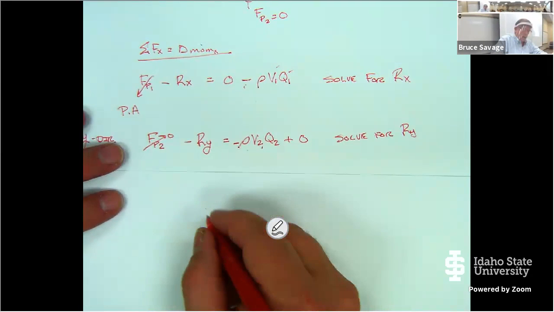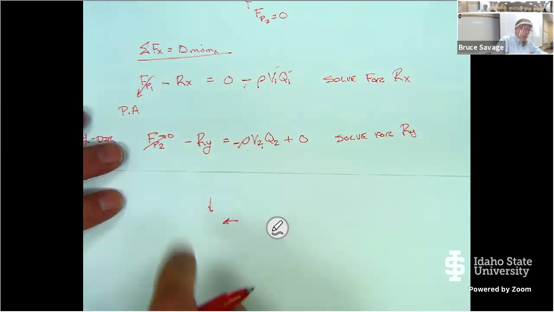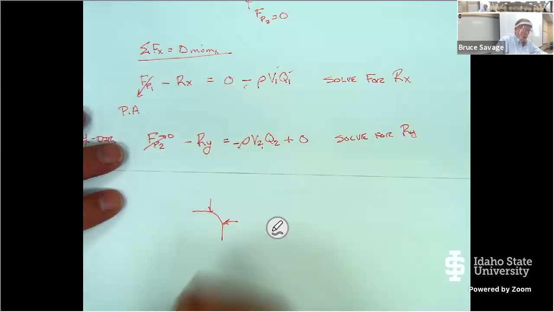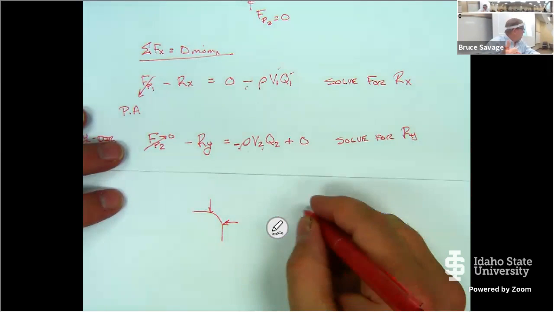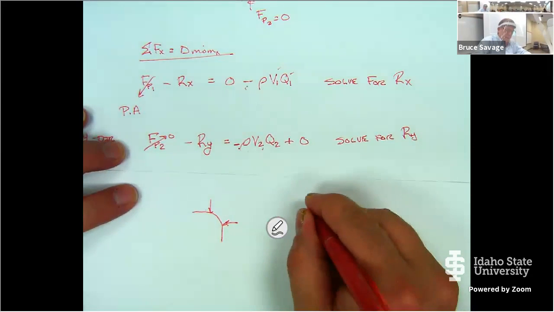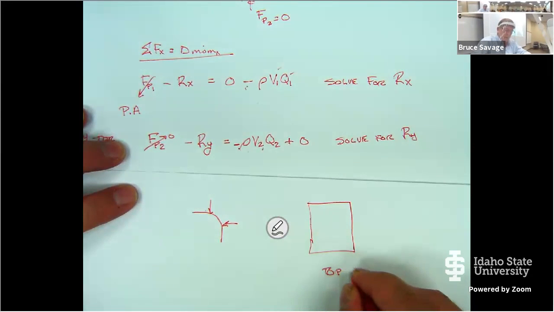So I'm going to represent that Rx and Ry are pushing on the pipe, but the pipe is pushing on our thrust block. So Newton's third law, equal and opposite. If I was to design my thrust block over here, I'm going to say this is my big thrust block, and this is the top view.